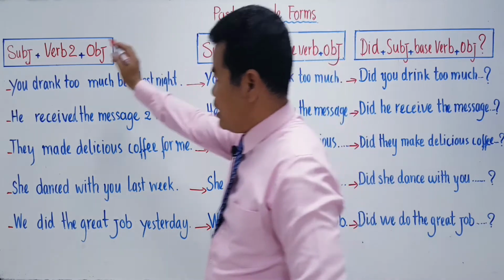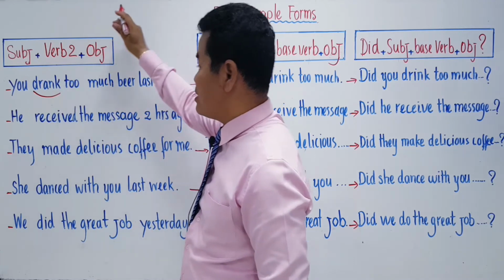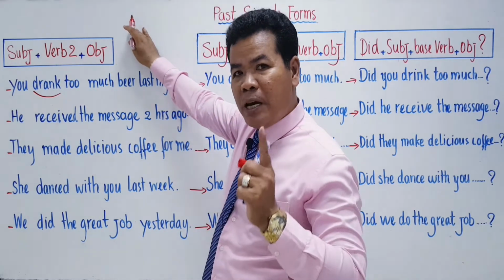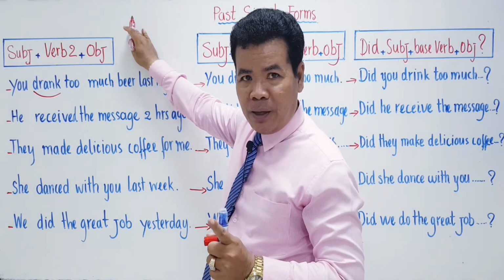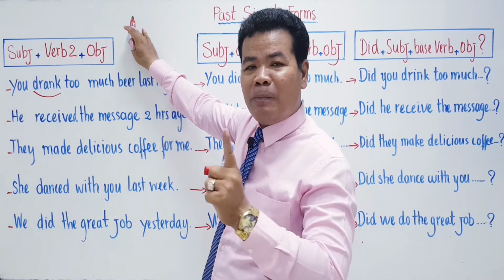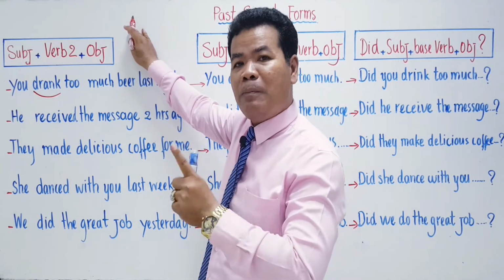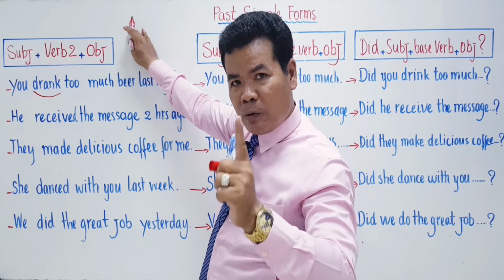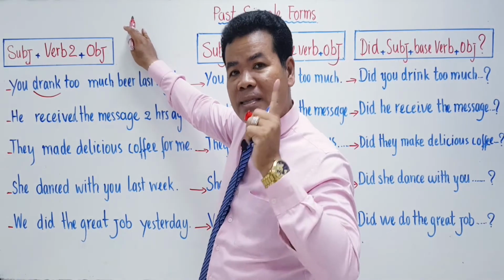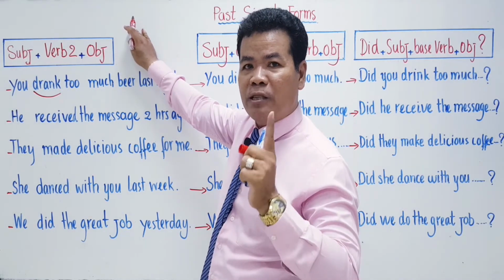Now, you drank too much beer last night. The action is drink. So drank is the second form from the base verb or infinitive to drink. We do not think about the past participle because the past simple is not related to it. So just think about the first column, the base verb, and the second column, verb 2, the past simple verb.